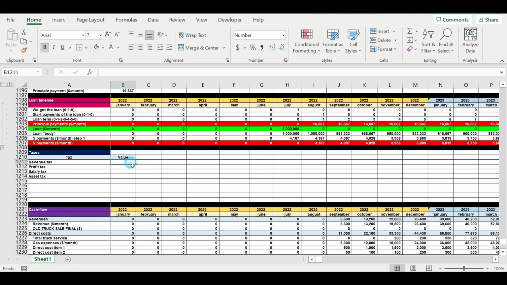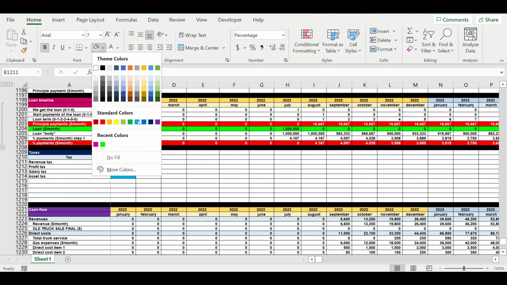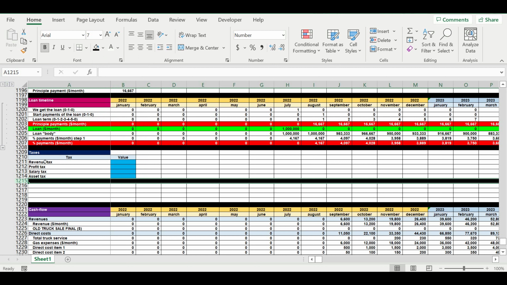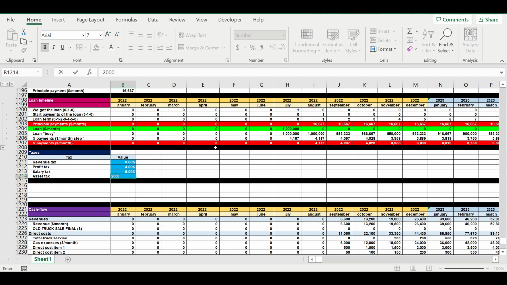So these will be the inputs. We'll mark them with the specific color that goes with all of our inputs. Revenue tax value will be, for example, 3%, profit tax, for example, 4%, salary tax, for example, 5%. We will pay $2,000 monthly for asset tax.